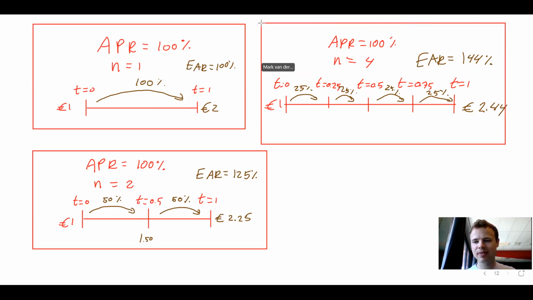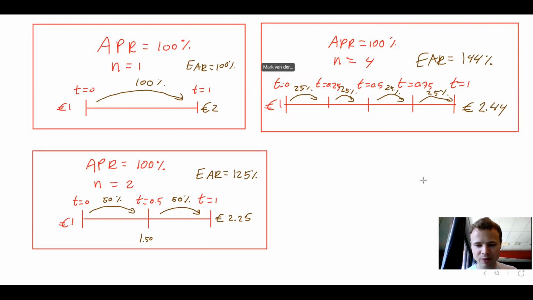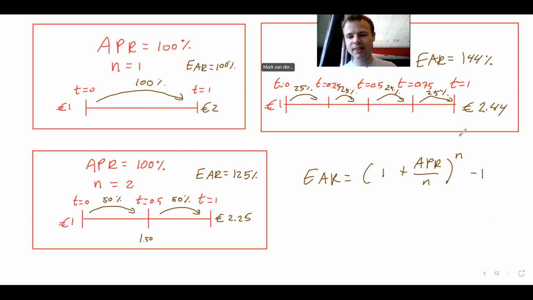Now the formulas. The formula for the effective annual rate is 1 plus the APR divided by n, with the power of n, minus 1. So you can try it out.